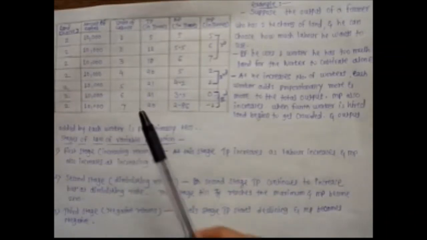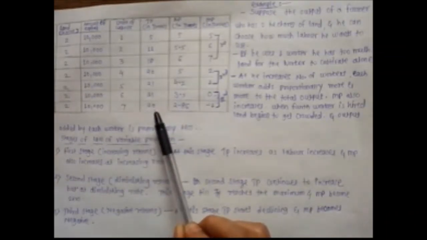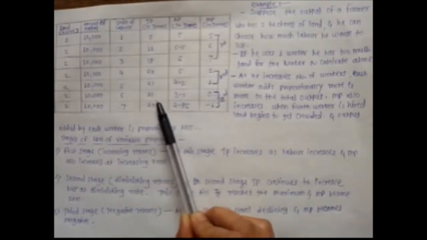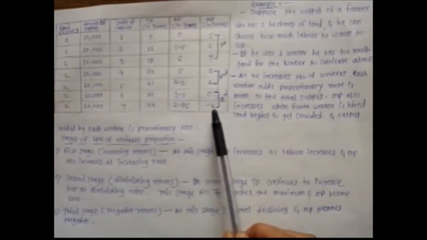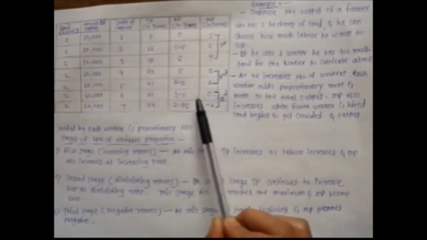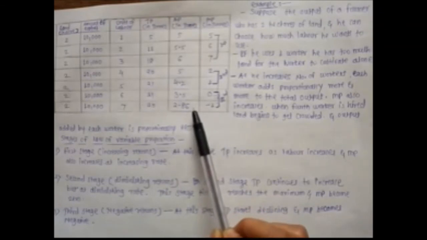Students, in the third stage total product decreases, marginal product becomes negative, and average product remains positive.